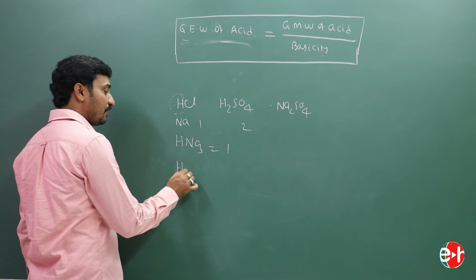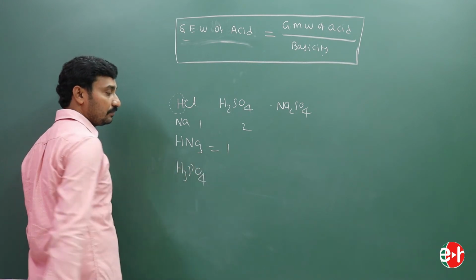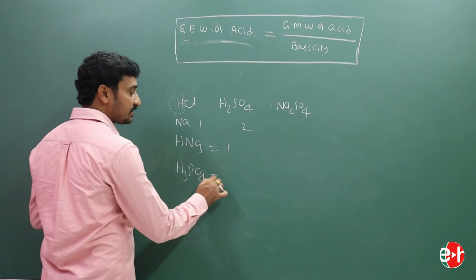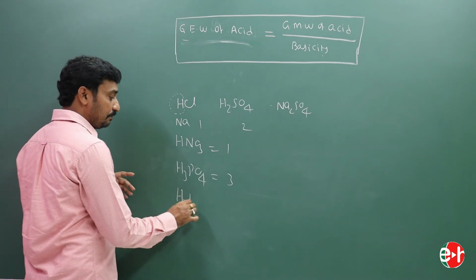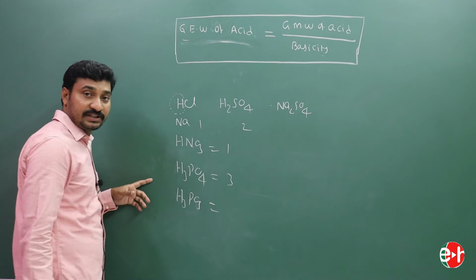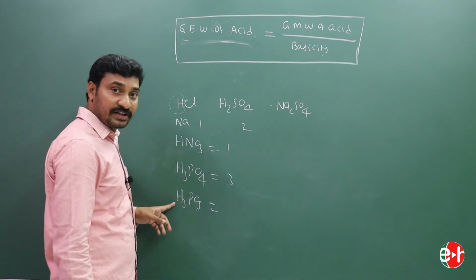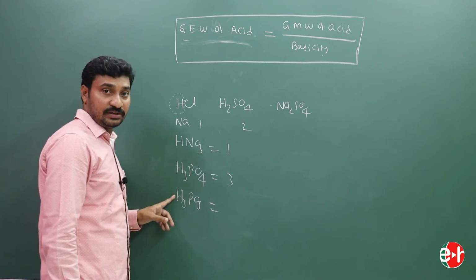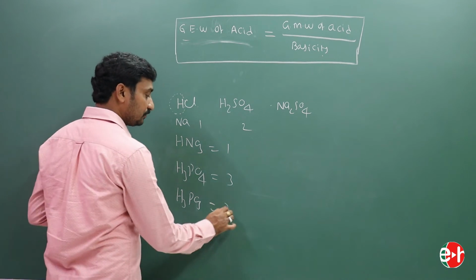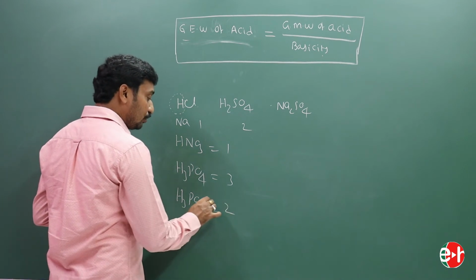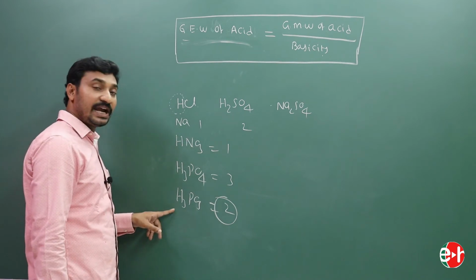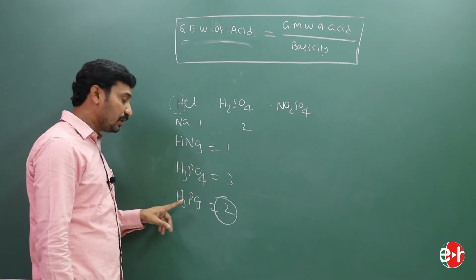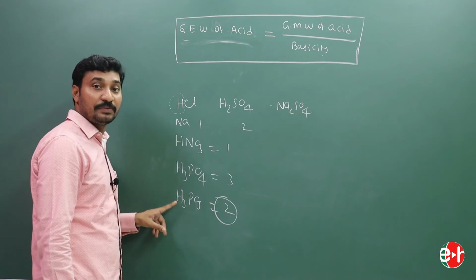In H3PO4, replaceable hydrogen atoms are 3. That's why basicity is 3. In H3PO3, you would expect basicity 3, but it is not 3. Here basicity is 2. That means only 2 hydrogens are replaceable by metal atom, not all 3 hydrogens.